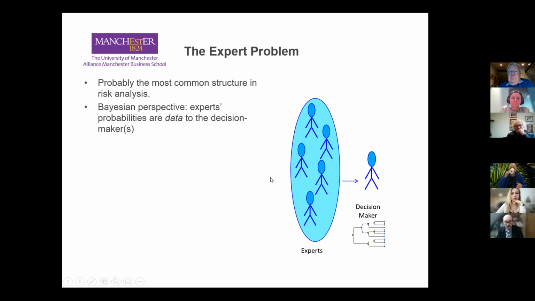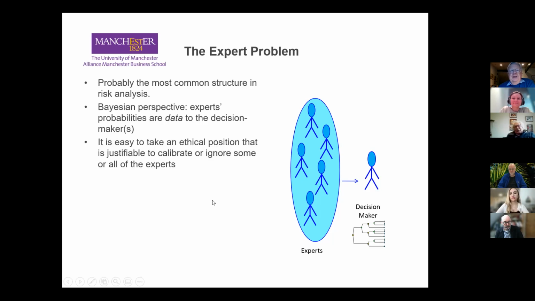From a Bayesian perspective, and for those of you who don't know me, I was then a violent Bayesian. I'm now quite a Bayesian, but definitely a Bayesian. It means that the decision maker sees the experts as giving him data. The probabilities the experts announce are data for the decision maker. And that means he can do what he likes with the data.